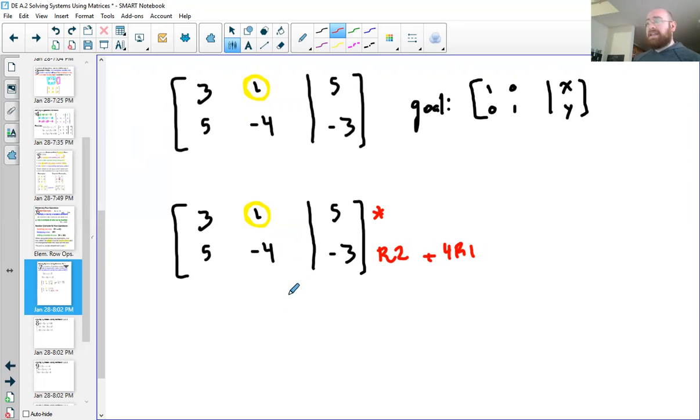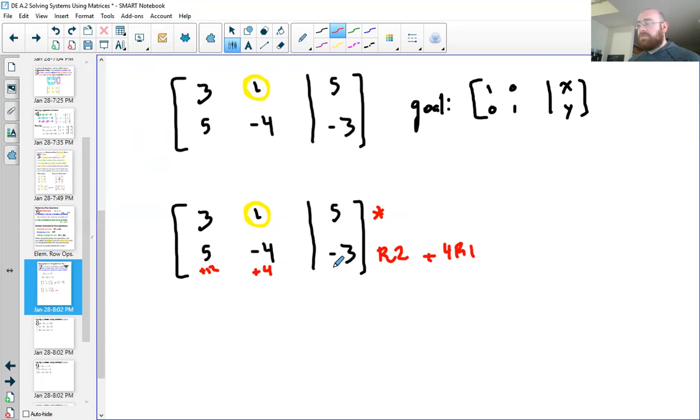One thing that I like to do, and this is where it's really helpful to use multiple colors or to give yourself a lot of space, is to write underneath the entry in the matrix what I'm adding to it. So this is row 2, and I'm adding 4 times row 1. So 4 times 3 is 12. 4 times 1 is +4.